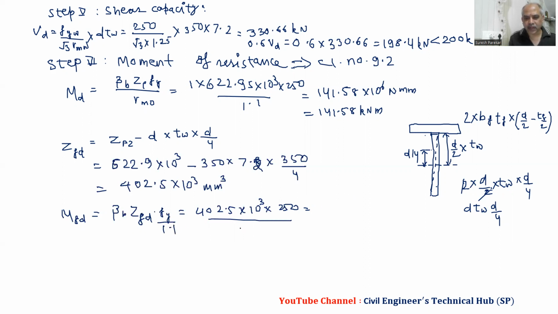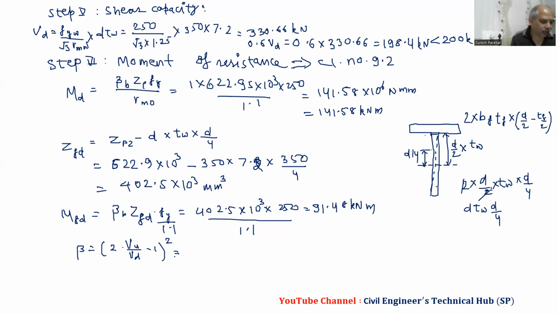Then we will get this value, 91.48 kilonewton meter. And then we have beta, that is 2 into VU upon VD minus 1 whole square.